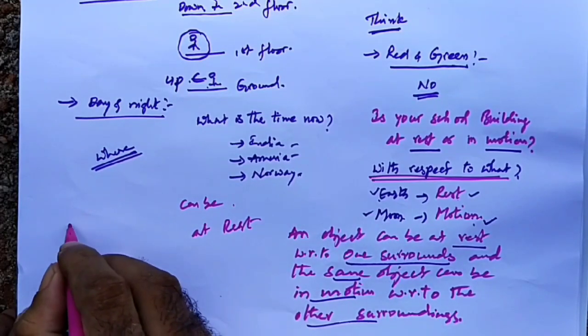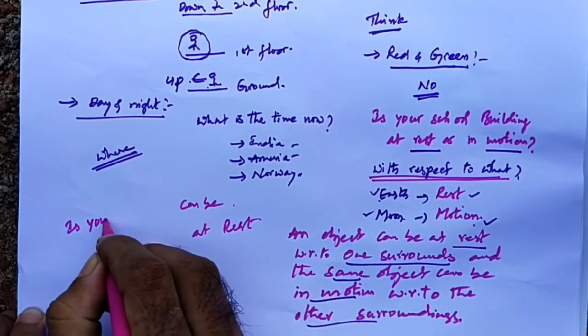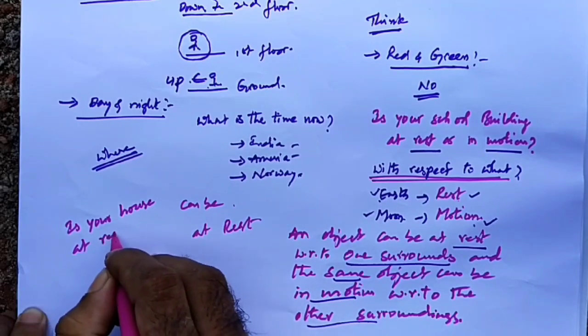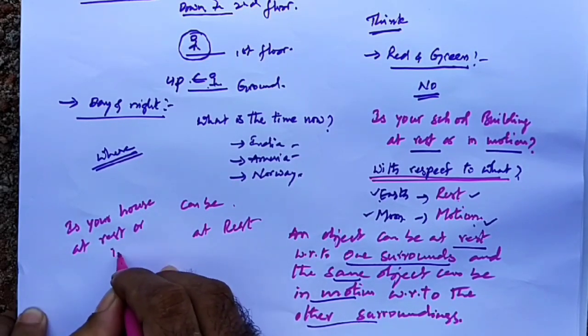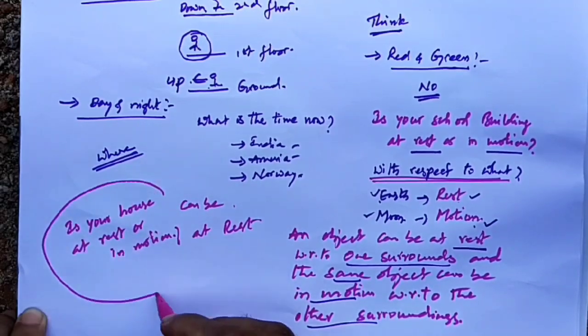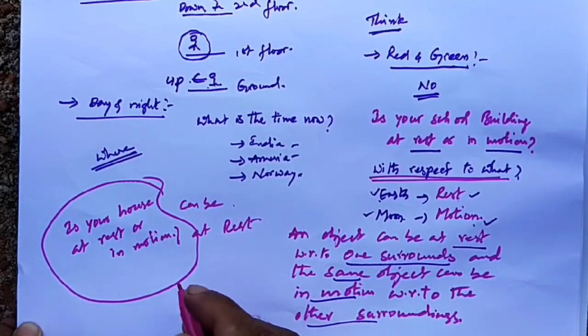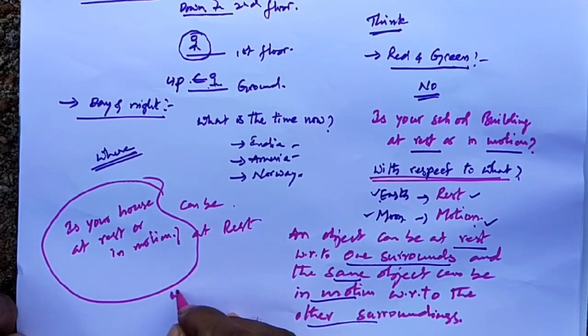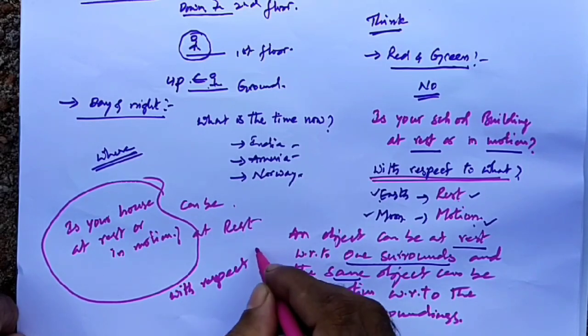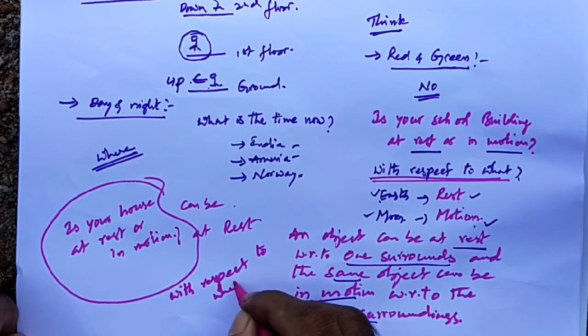Now you tell me, is your house at rest or in motion? What is your answer for this question? Your answer should be a question: with respect to what, sir?